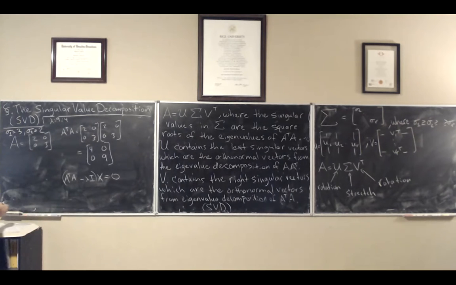But what's bothersome here is that if I do 4 minus 9 and 0, 0, 9 minus 9 times x1, x2 equal to the 0 vector, 4 minus 9 is minus 5 and 0, 0, 0.